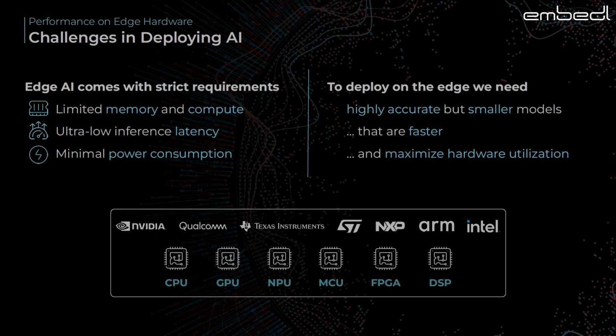You have limited memory and compute. You want to have ultra-low inference latency, meaning you want your model to execute as fast as possible, and you want to have minimal power consumption. So in total, we're looking for models that are highly accurate but smaller, that are faster, and that maximize hardware utilization. We are essentially looking here for the unicorn.